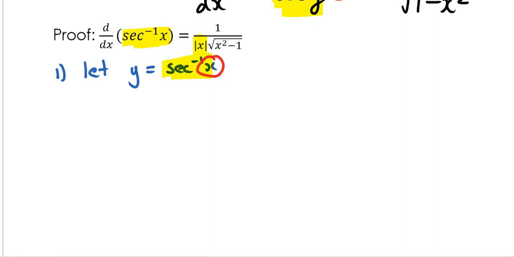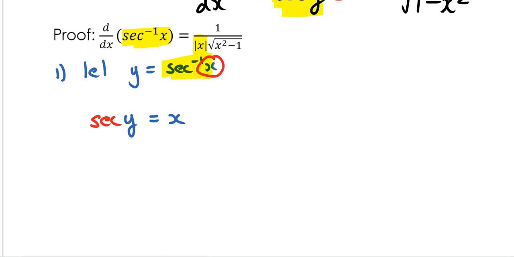In order to isolate for that x variable, I need to get rid of this secant to the power minus 1. So I'm going to multiply both sides of my equation by just regular secant. If I do that, I will get secant y equals just the letter x. Okay, so let me just delete all this now.